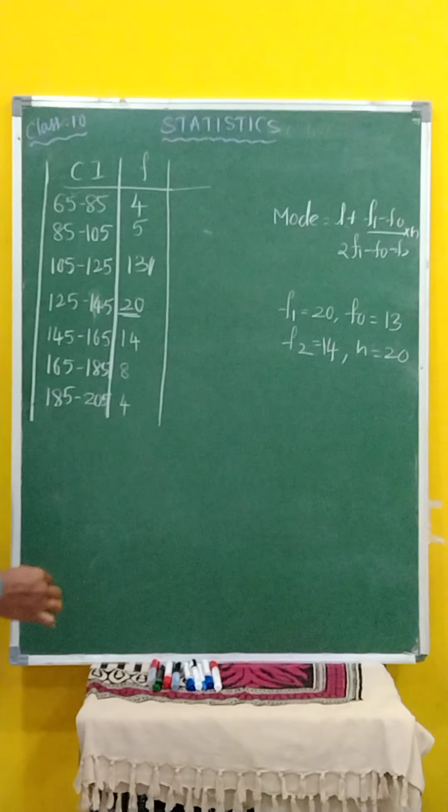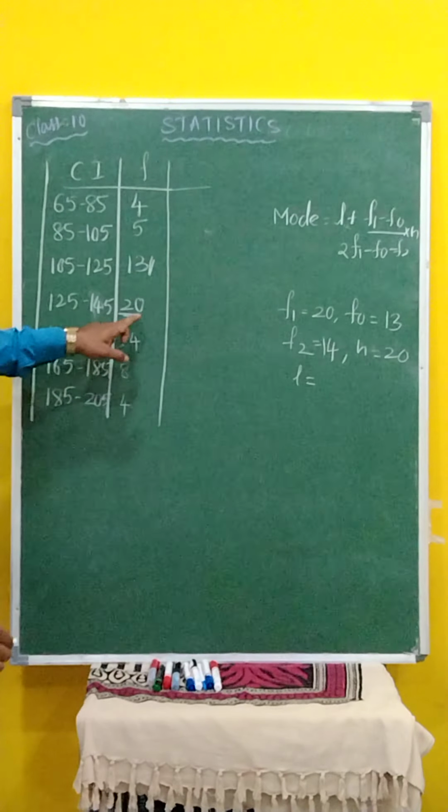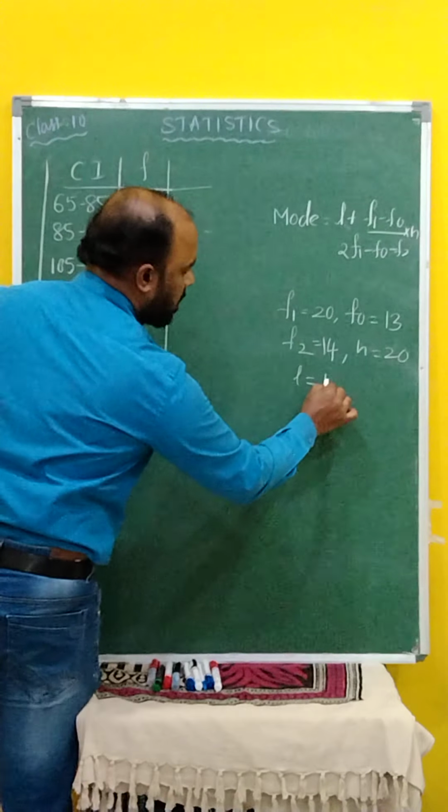Then what else is in this? L value. L is equal to the lower boundary of the modal class, that is 125. Clear?